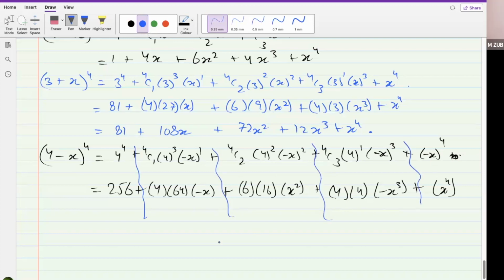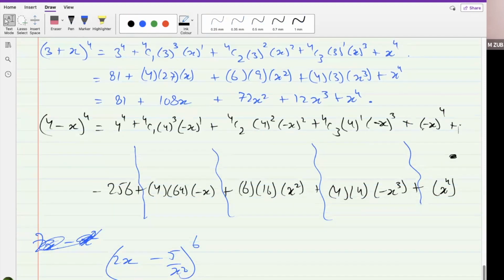You may have something like 2x minus 5 over x squared, raised to power 6. You may have a question like this, but the sequence will always remain the same. The formula is the same.